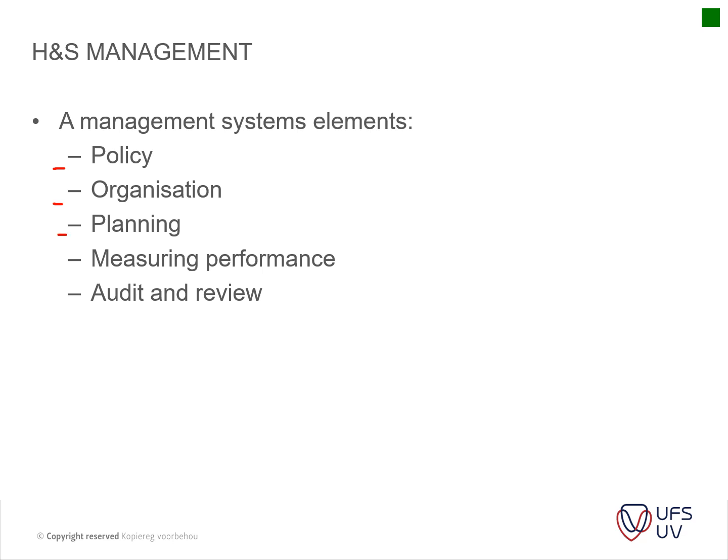You've got the planning for it, and then you've got the measures of performance that measure all of these items, and you've got your audit and reviews, which plugs into the items above. So your audits and reviews is the sharp point from which your performance is measured against your planning and then against your organizational policies.